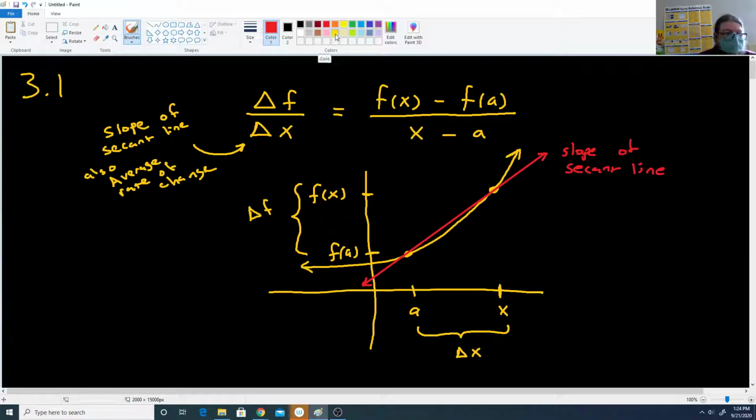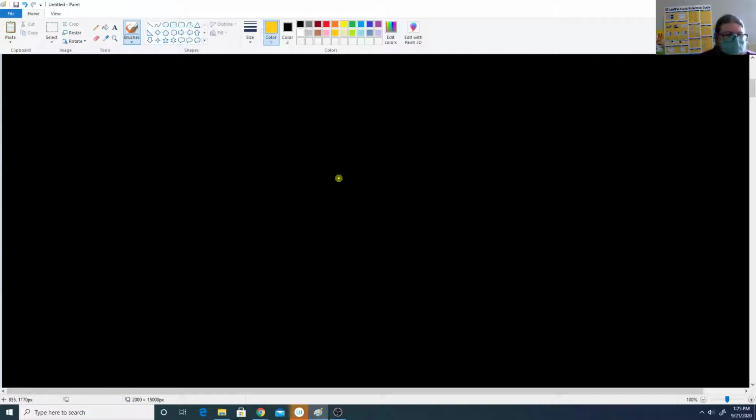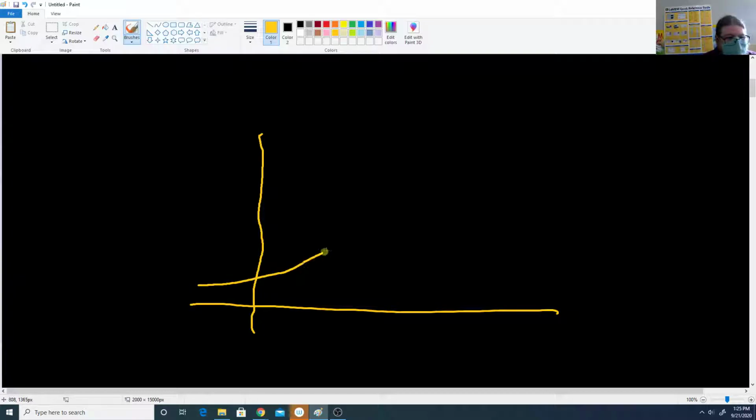Now what we're going to do next is talk about how this relates to the slope of a tangent line. So if we draw another picture down here, say we got our same curve, we got our point a, it has a corresponding y value of f of a, and we want to look at the tangent line that just skims the graph once.